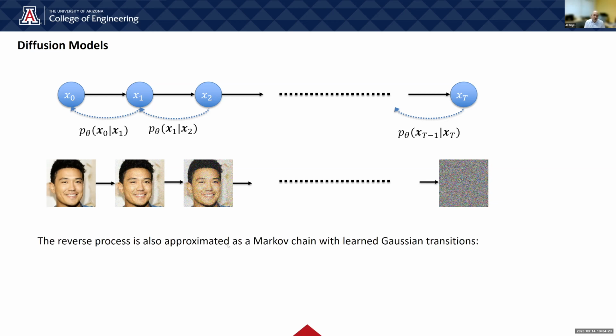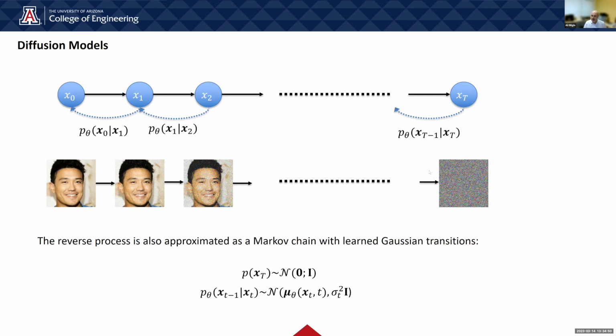So in these diffusion models, some of them at least, I'll discuss this coming up, this reverse process is also approximated as a Markov chain, and the transitions are learned Gaussian transitions. What I mean by that is that you start with noise for the last stage, 0 mean, unit variance.